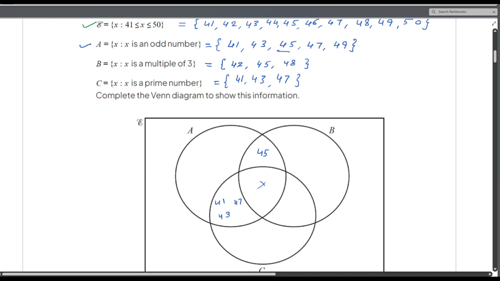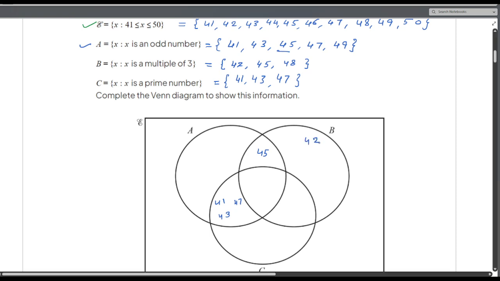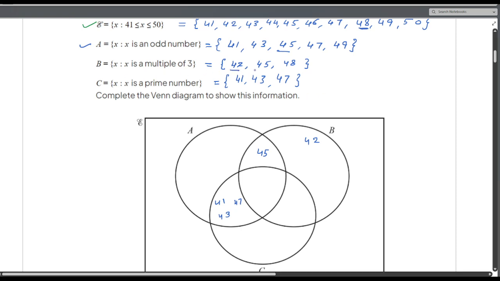Then set B includes 42 and 48. So let us write 42 here, and 48, as they are part of set B, a multiple of 3. So 42, 48. Both will come here only. Nothing is a part of it.